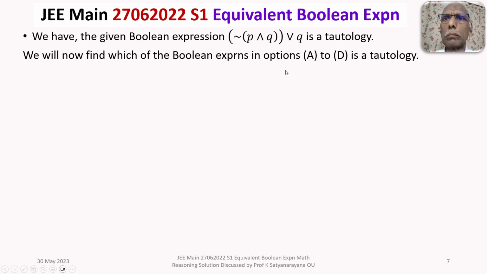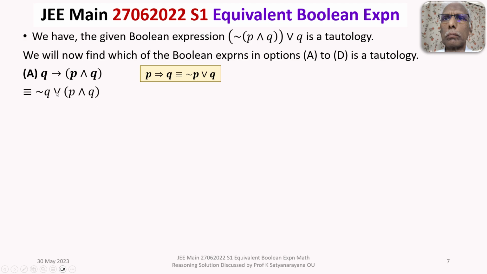Agreed. Let us take option A. Option A says Q implies P and Q. Now apply the logical equivalence: P implies Q is logically equivalent to negation of P or Q. So this is logically equivalent to negation of Q or (P and Q). Agreed.